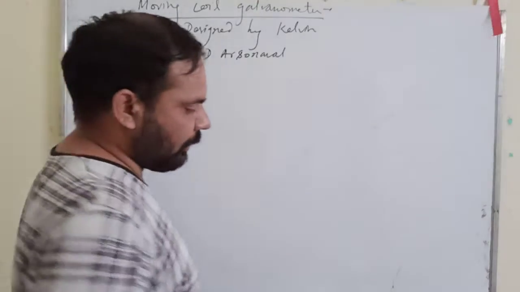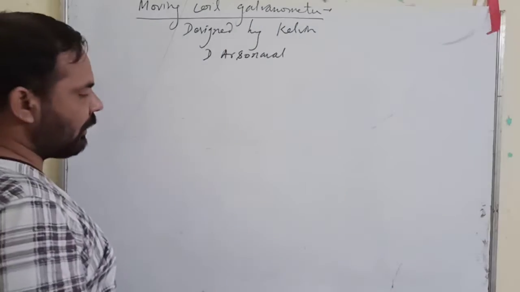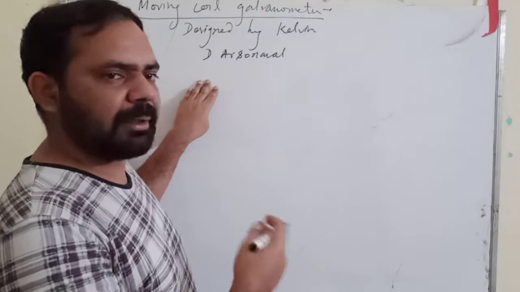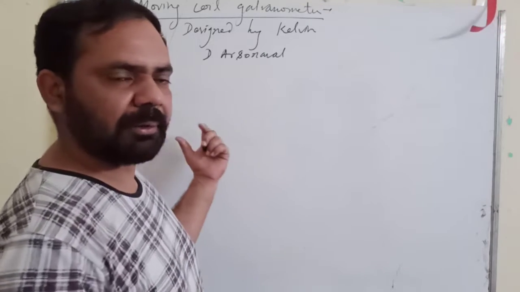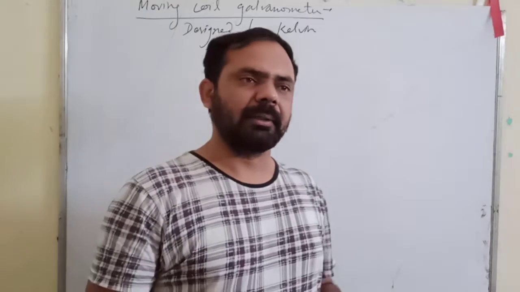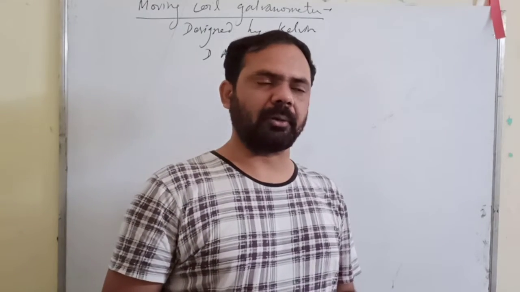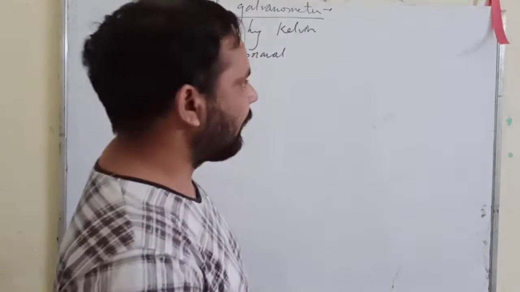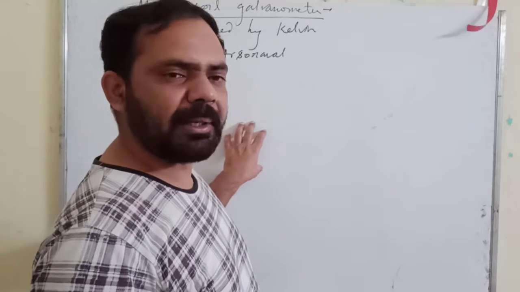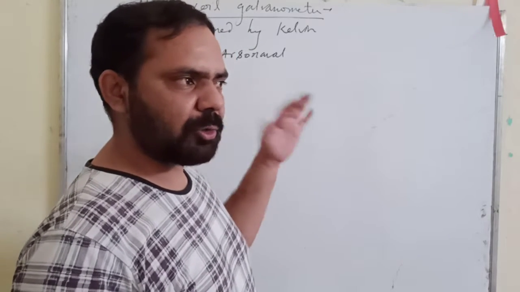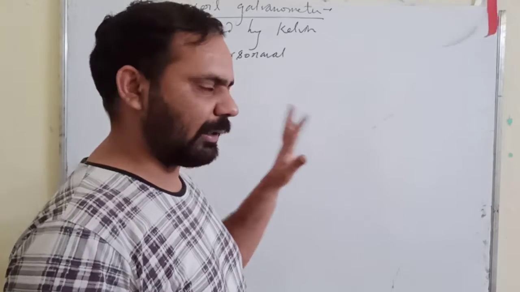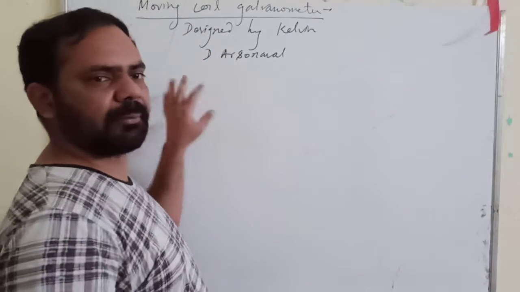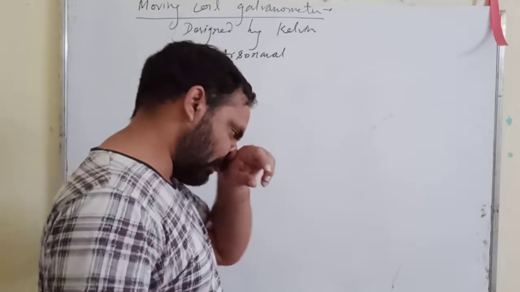Now, the principle is the same phenomenon that we studied just now: when current passes through a coil placed in a magnetic field, it exerts torque on it and the coil rotates inside the magnetic field. That is the working principle of this moving coil galvanometer.